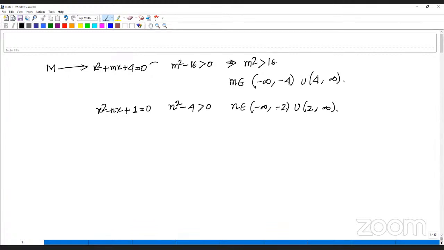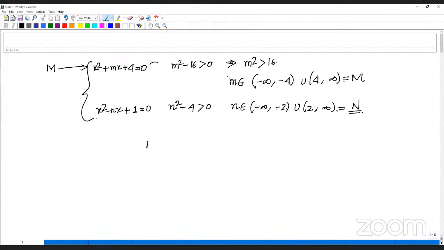So this is m, right? Yes. This is n, right? Yes. So the thing is, you want both the equations to have distinct real roots, right? So then you have to take the intersection part, right?